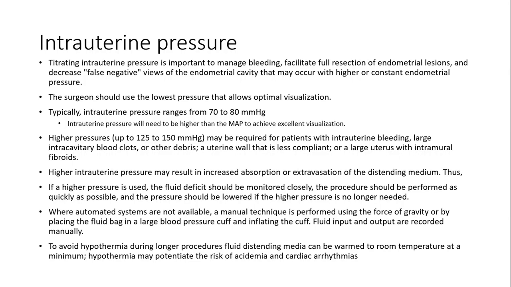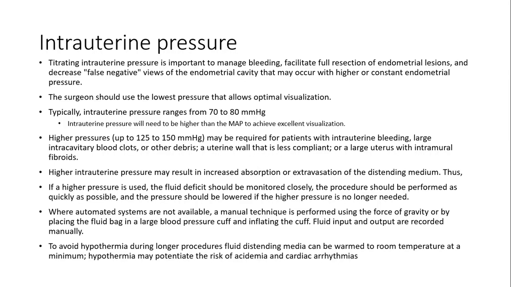So at times, if you find you have gone into the uterus and it's not in keeping with what you were expecting, you can deflate the uterus, and with the scope still in, suction out some of the fluid, and then monitor to see, with a reduced intrauterine pressure, if there is any lesion that you can now see.